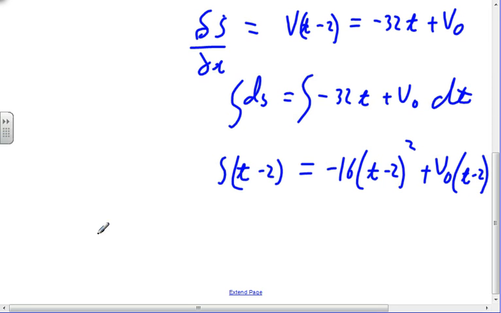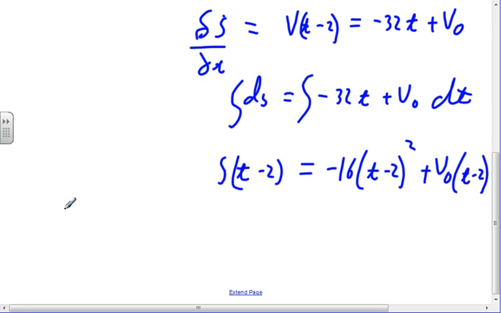Now these two are going to be equal at 400 feet. They're both going to be at 400 feet. They can only be equal at 400 feet, right?